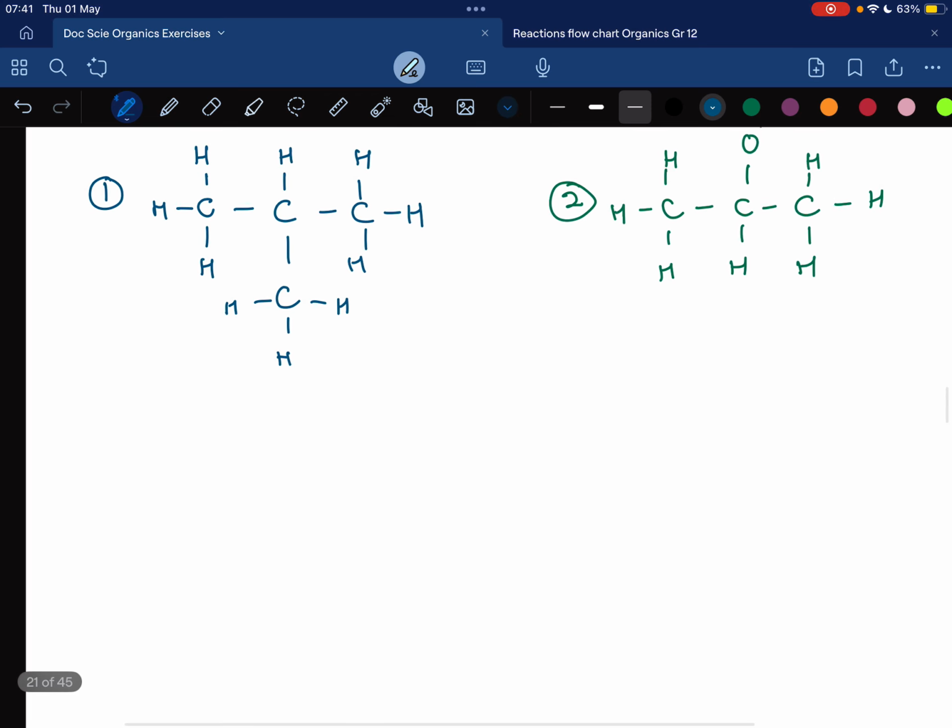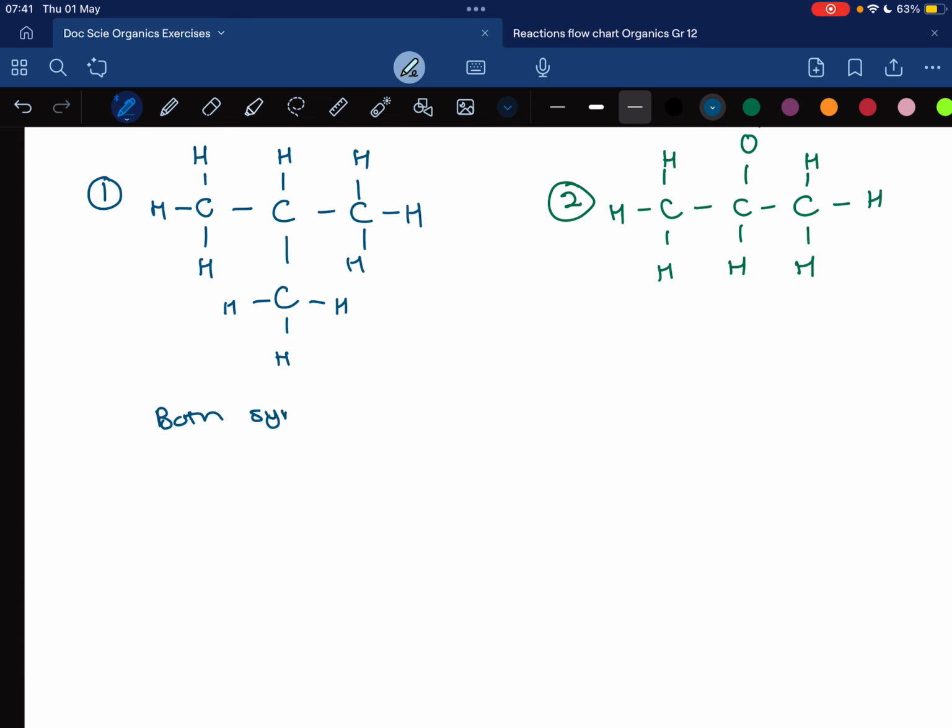Okay, so if we look at both of these molecules, we notice that they are both symmetrical. So I'll write that they are both symmetrical. And if you also look, they have very similar molecular masses, right? You can even see that their shape is quite similar.